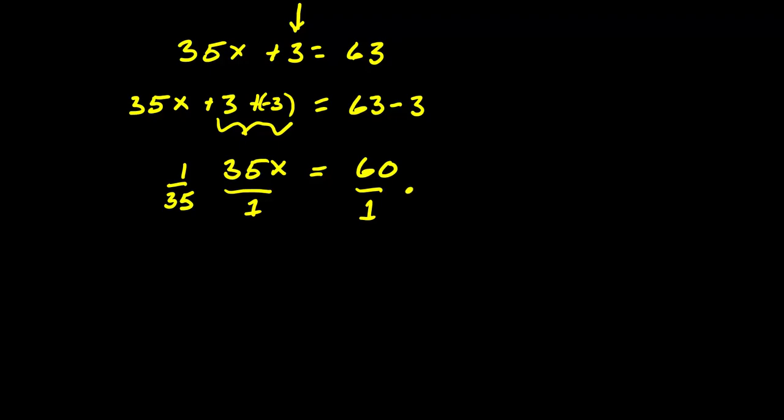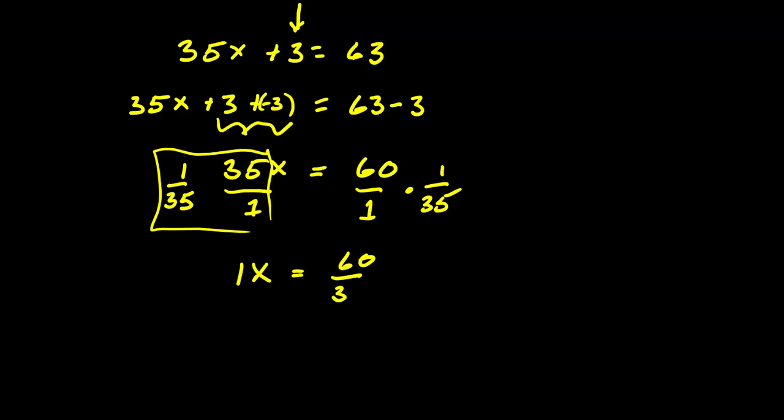I do that to cancel out this 35 so it becomes a 1. And I have to do the same thing on the other side of the equal sign. The multiplicative inverse gives me a 1. So now I have 1x equals 60 over 35. It's an improper fraction. We're going to rewrite that as a mixed number.